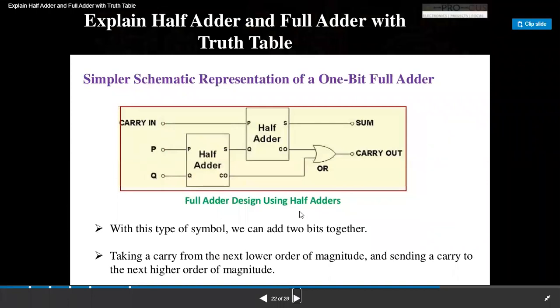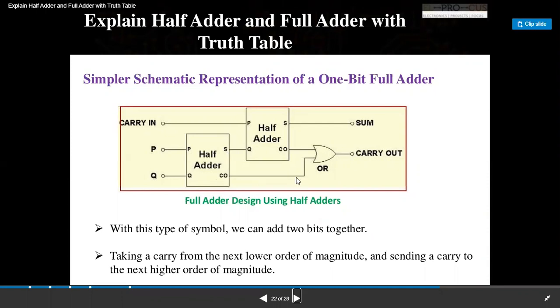So by using two half adder circuits, in the first one we have written P and Q instead of A and B. The P and Q go to the half adder, and the half adder output has a sum and a carry out.